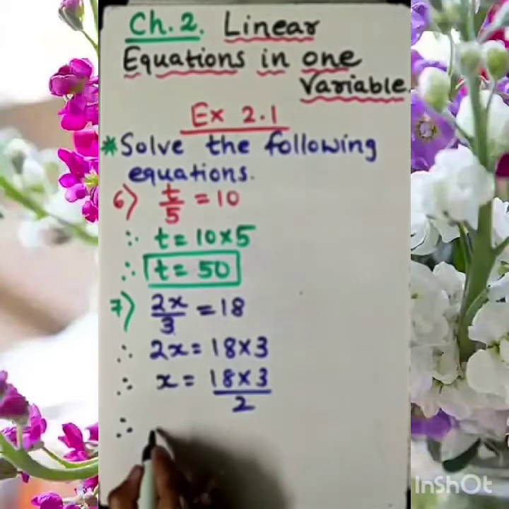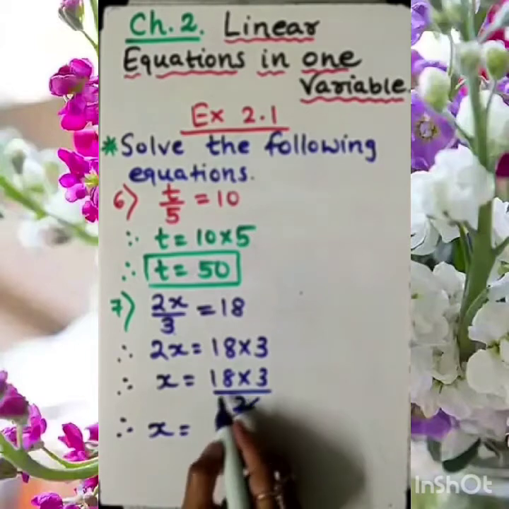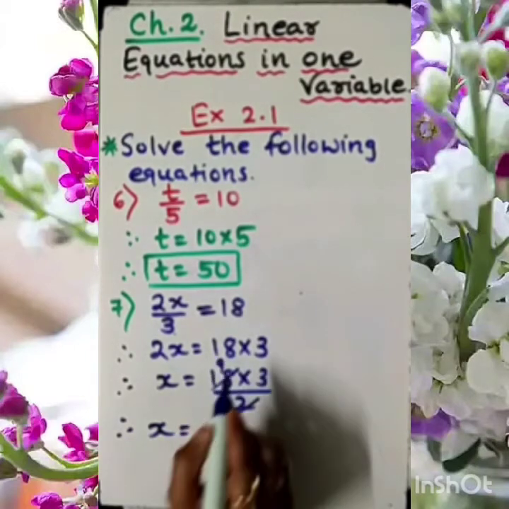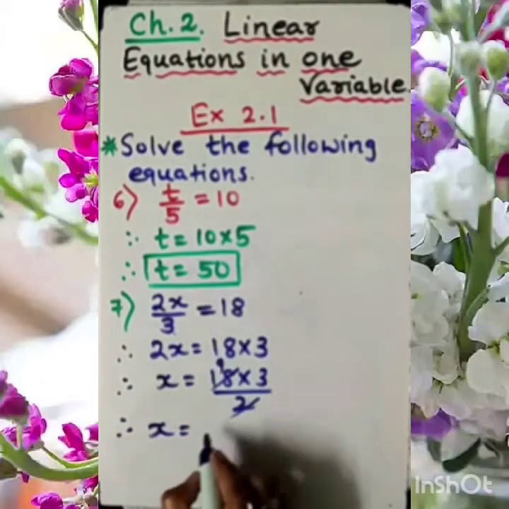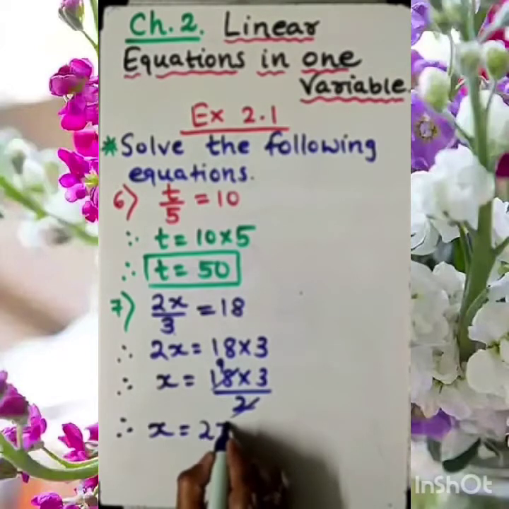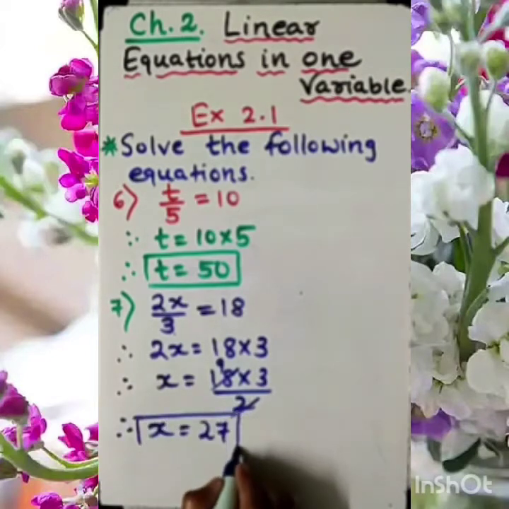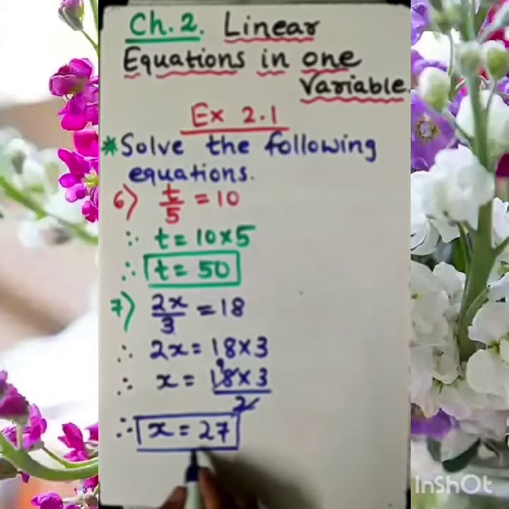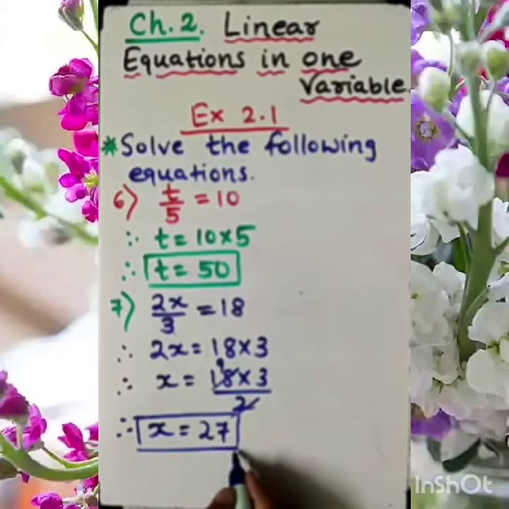Here it will be divided by 2. Fine. So let's go with that. 9 twos are 18, 9 threes are 27. So dear student, the value of x is coming 27. So the 7th's solution is x equal to 27.